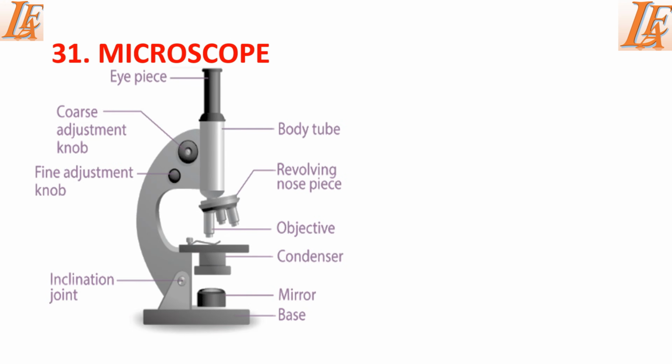Another important apparatus in a lab is a microscope, and a microscope is an optical instrument with lenses that helps us to magnify small objects. A microscope has different parts which we will discuss later. It has an eyepiece, a body tube, a revolving nose piece, an objective lens, a condenser, a mirror, a base, an inclination joint, a fine adjustment knob, and also a coarse adjustment knob.